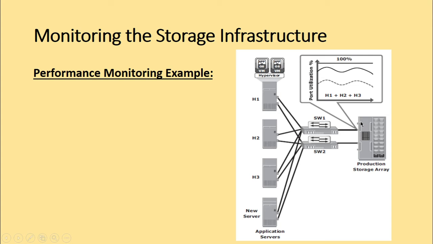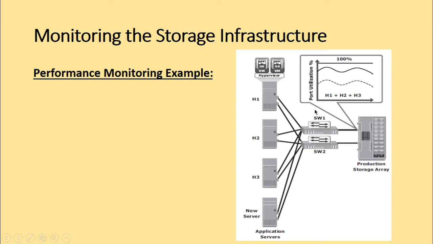So what this example illustrates is the system will continuously monitor the performance and port utilization of the storage array. If the port utilization has nearly reached 100%, then there is no point in adding a new application server, as it may adversely affect the traffic from H1, H2 and H3 servers.